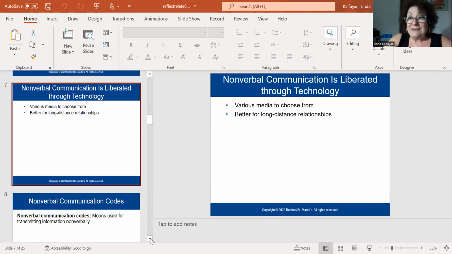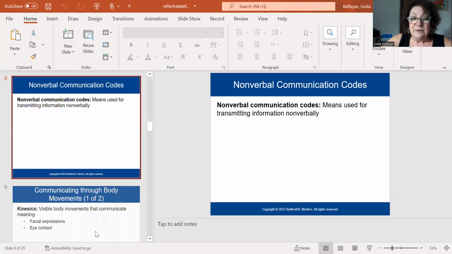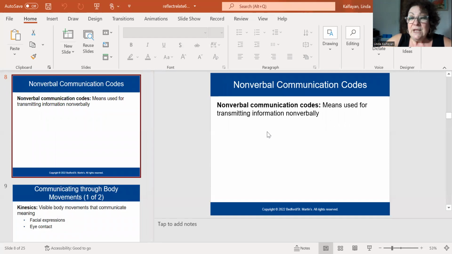And we know that even in this video where you only see chest height up, you're focusing only on my facial expressions. So you do get a different perspective of nonverbal communication. So we have nonverbal communication codes, means used for transmitting information nonverbally.